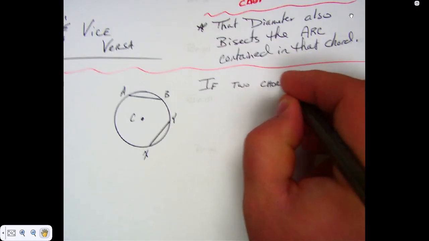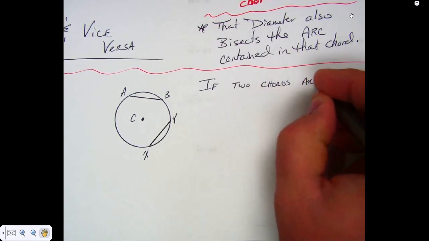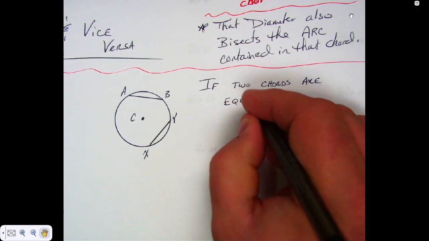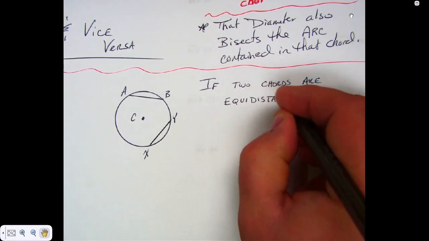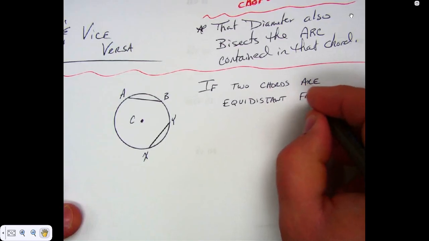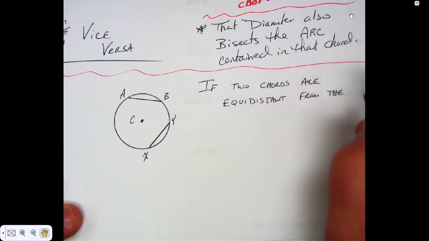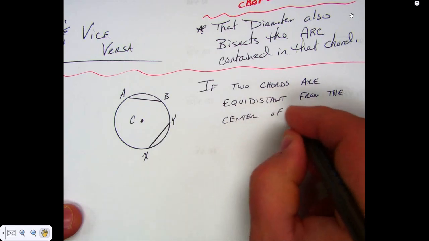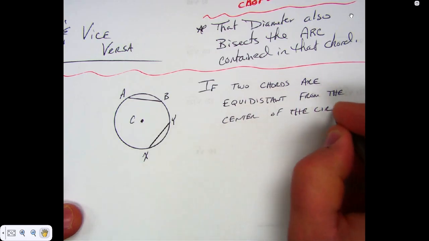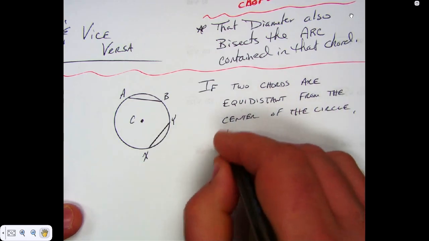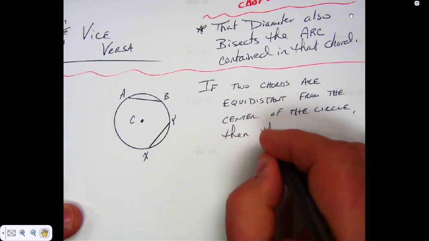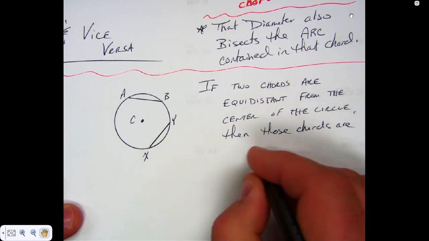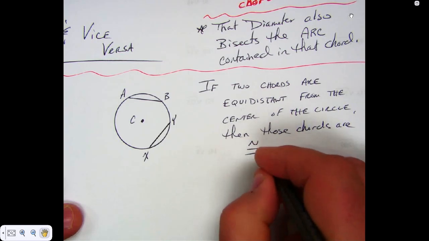If two chords are equidistant from the center of the circle, then those chords are congruent.